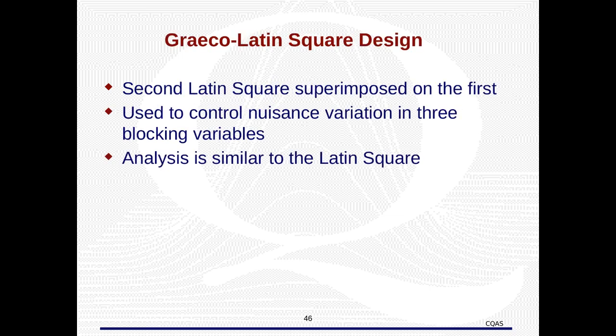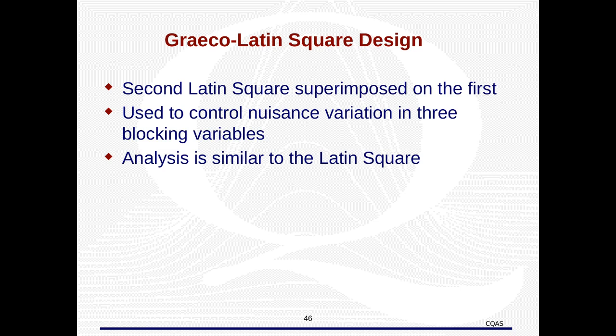Having established the Latin square design for controlling two blocking variables, we now extend this framework to accommodate three sources of nuisance variation. The Graeco Latin square accomplishes this by superimposing a second Latin square onto the first, where the second square uses Greek letters rather than Latin letters to denote the third blocking factor. This elegant construction maintains the orthogonal structure essential for balanced experimental designs.